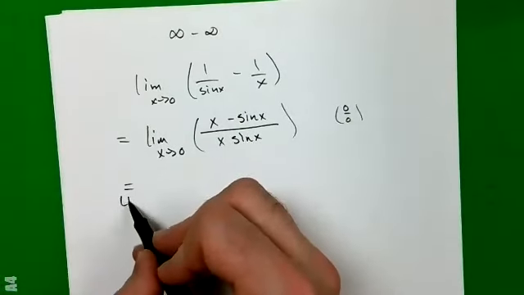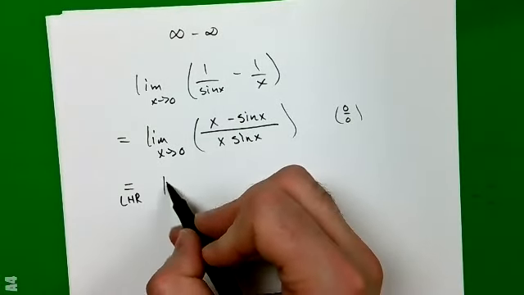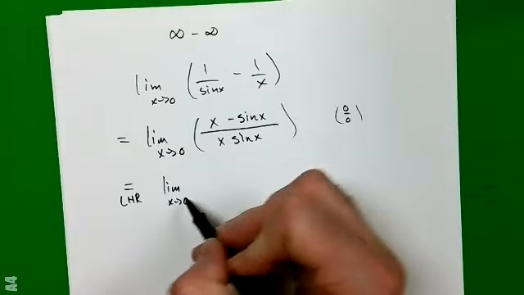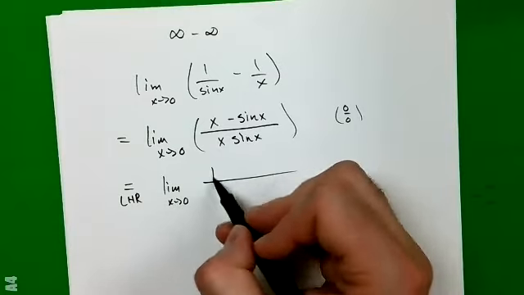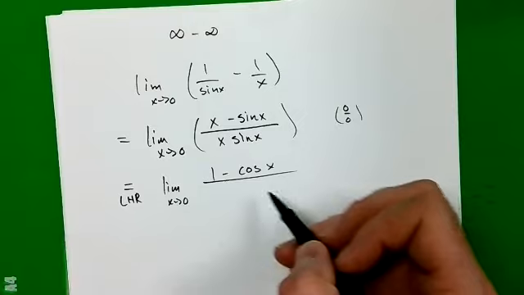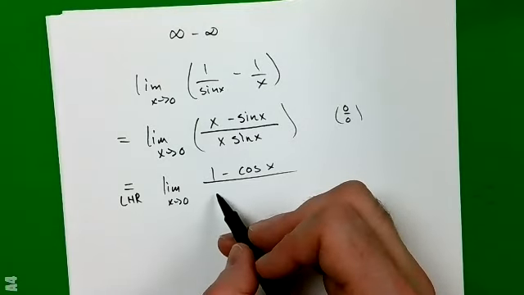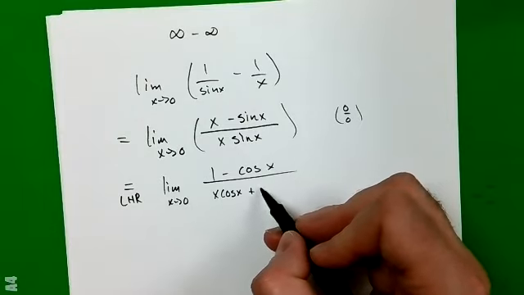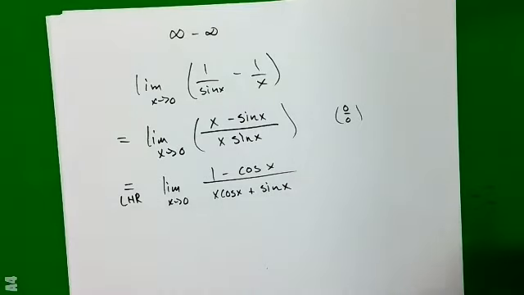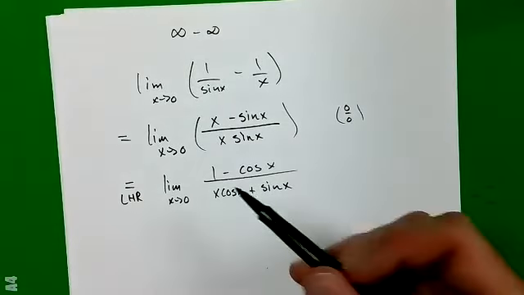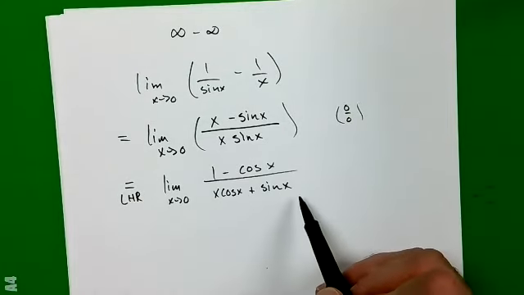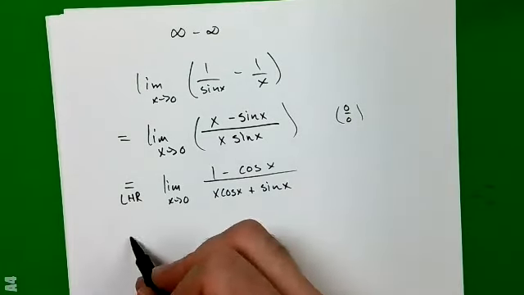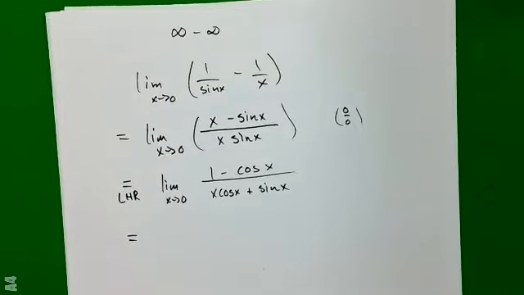And then L'Hopital comes into play, and I can take the derivative of the numerator and denominator and get the same limit. So I get 1 minus cosine x, and I get x cosine x plus sine x. So double check, as x goes to 0, I've still got a 0 over 0, so let me do L'Hopital one more time.